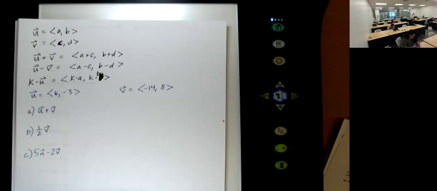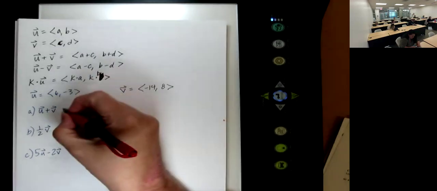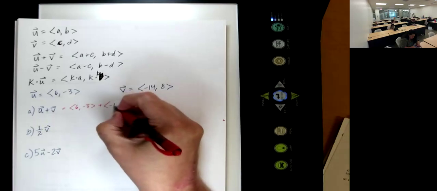Try to work that out, and we'll do it together. 6, negative 3 plus negative 14, 8.